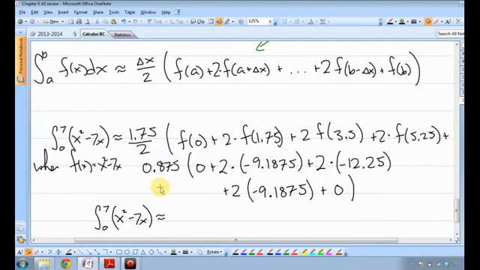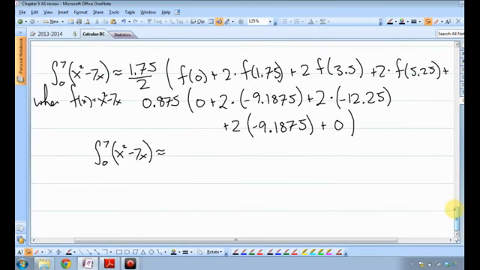And what did we get here? Negative 53.59. Exactly? No. But that's all you put on the answer. Oh, okay. We're going to need that, though. 53.5938.